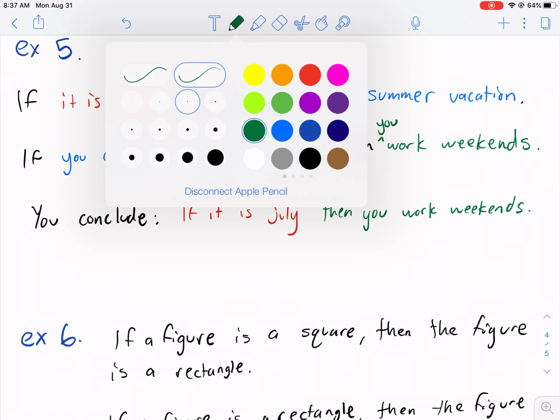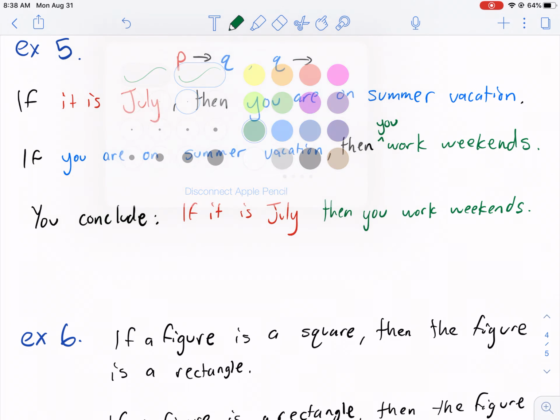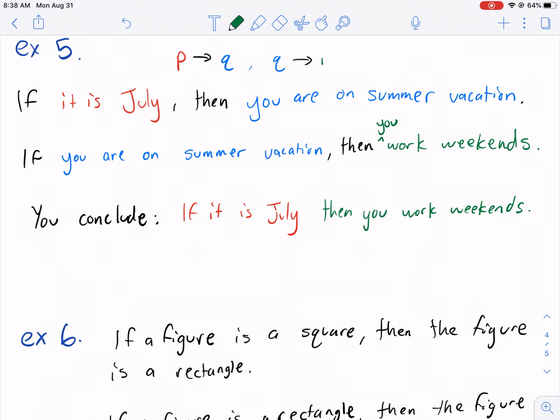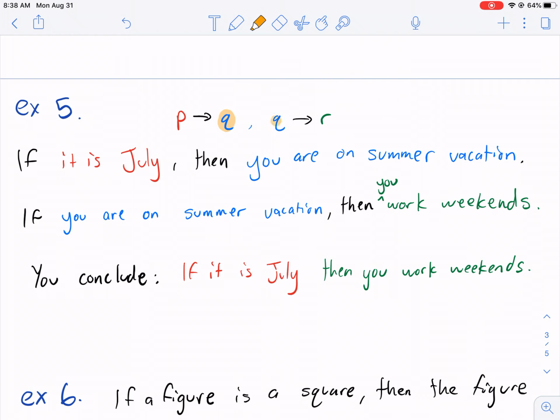So this would be our P arrow Q. Okay, that was true. Let's just assume it to be true. Then we had comma Q arrow R. That was our second conditional statement. And because this is the key here, these need to match. This conclusion needs to be that hypothesis.